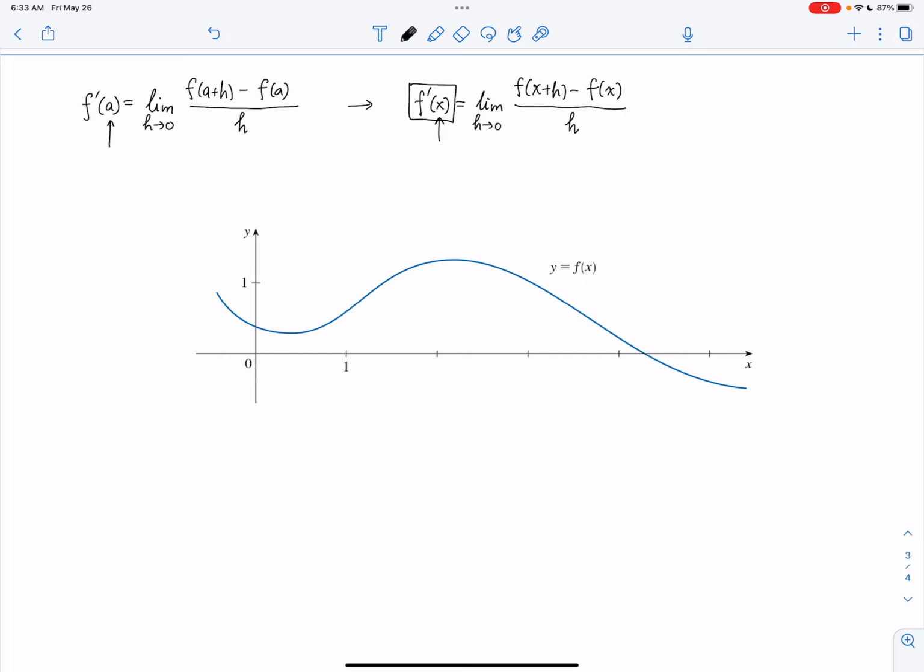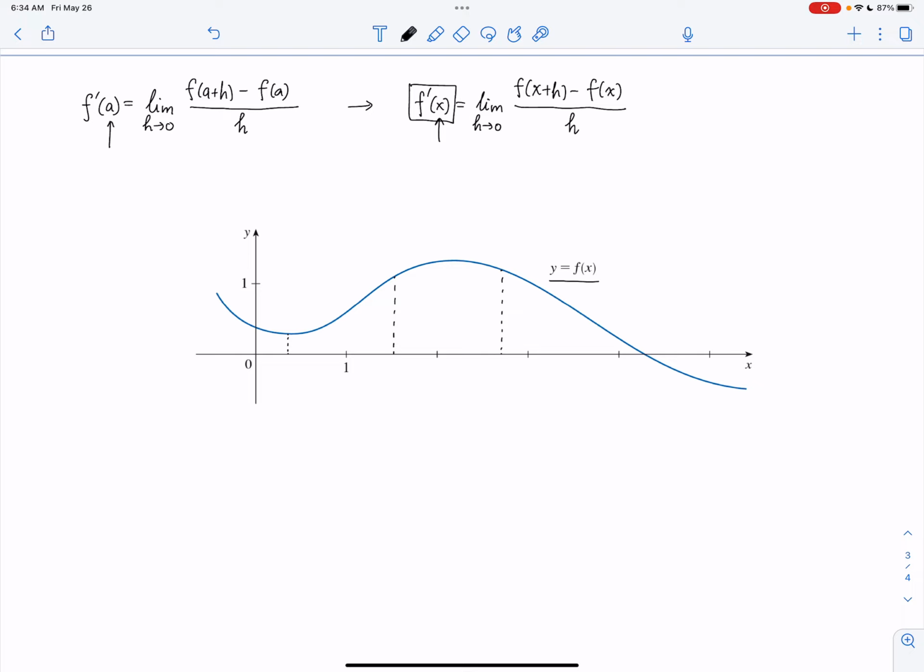Okay. Now, if you look at this function below, you have this curve. This is f(x), the function. And you can do the derivative, right, at any point you want. You can do this here or anywhere, right? And we know that the derivative is the slope of the tangent line.